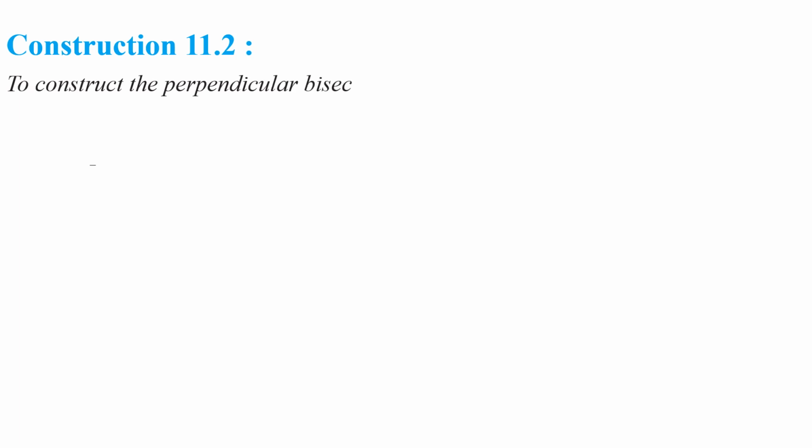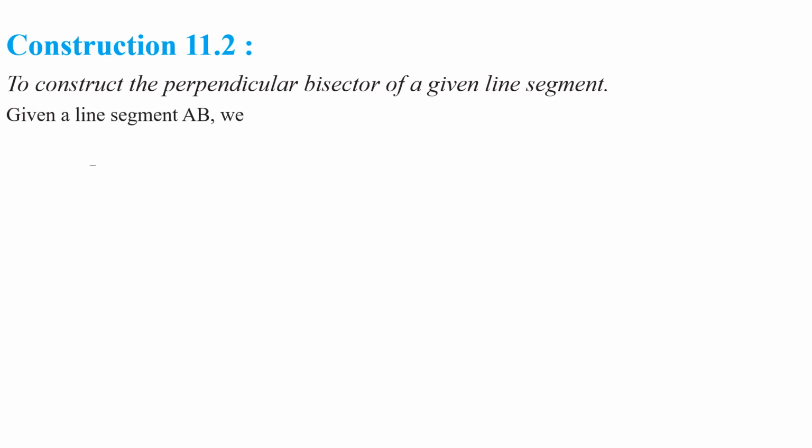Now come to the second construction, that is, to construct the perpendicular bisector of a given line segment. Given a line segment AB, we want to construct its perpendicular bisector.